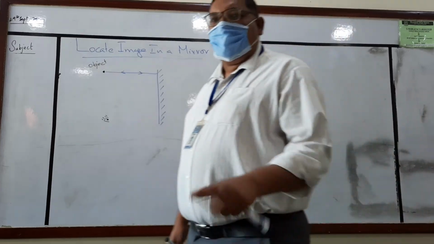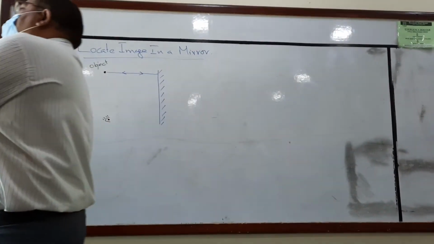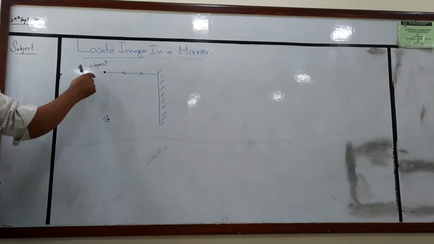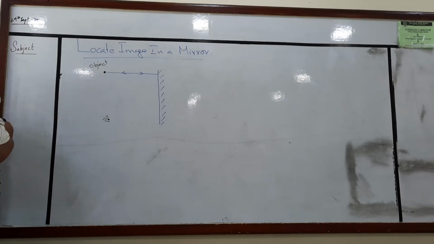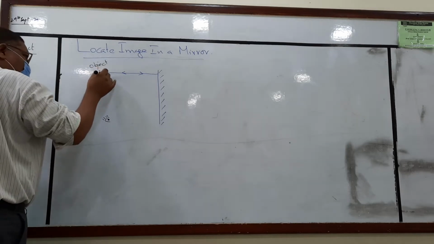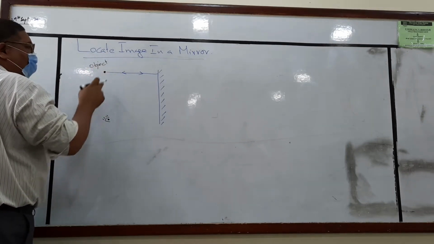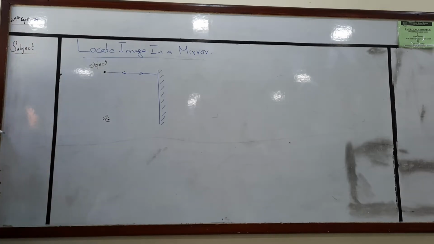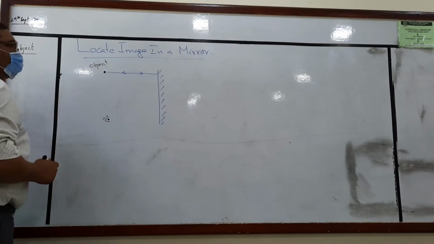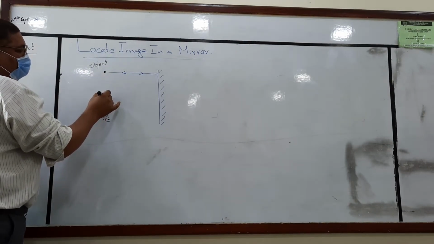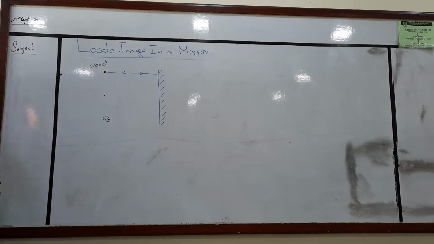The trick is that we first find the distance between the object and the mirror, measured parallel to the mirror, and mark the midpoint. Suppose this is the midpoint between the object and the observer.